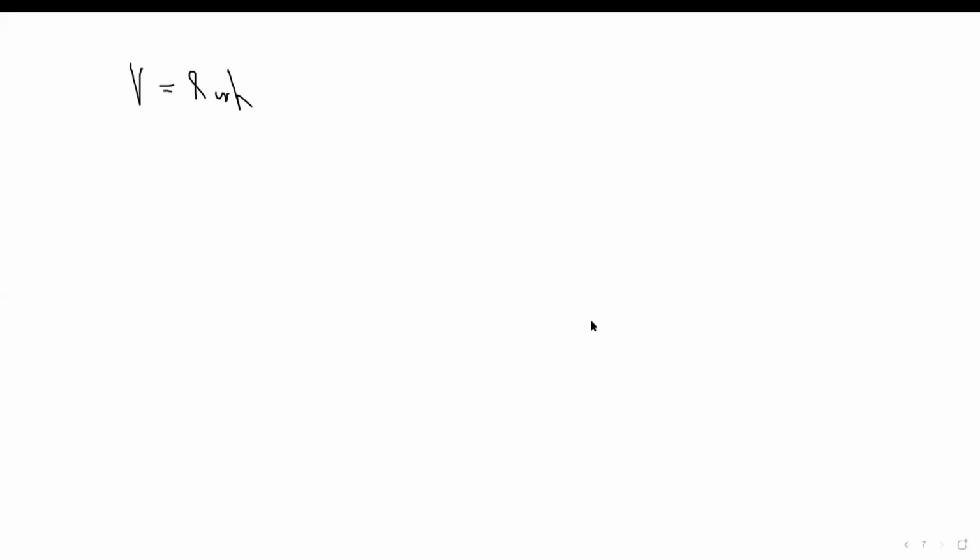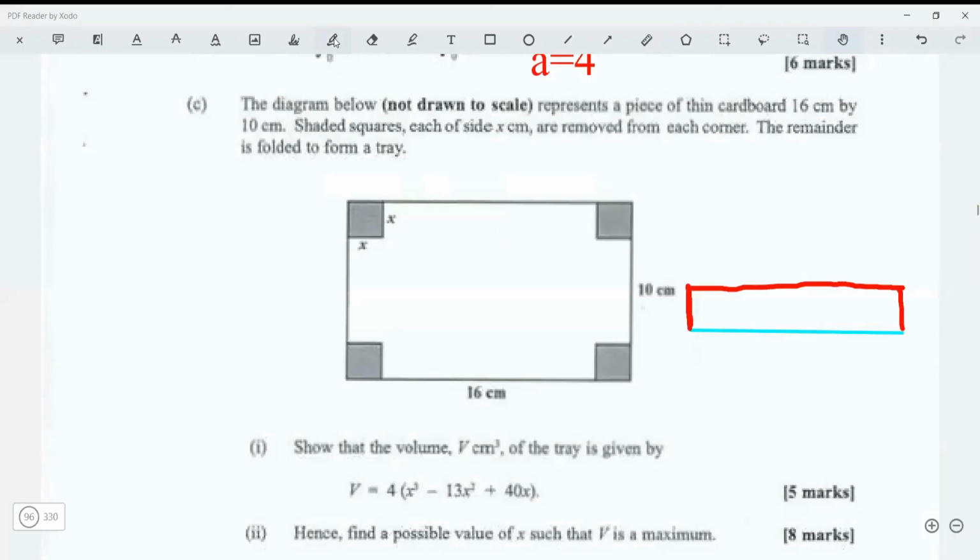So now, to find the volume, we need the length of our tray. This is the length of our tray, 16. Area of the cross section times the height. Area of the cross section, this is 16. This right here is x, and then the height of the tray is the 10.